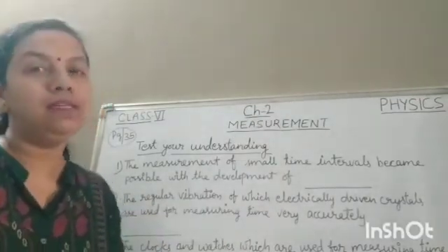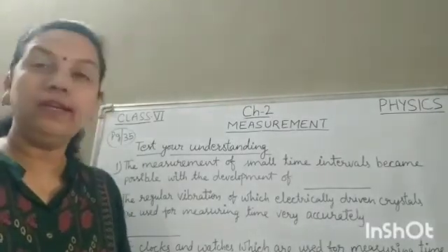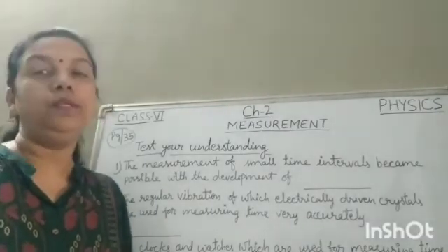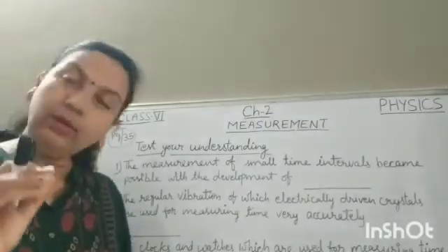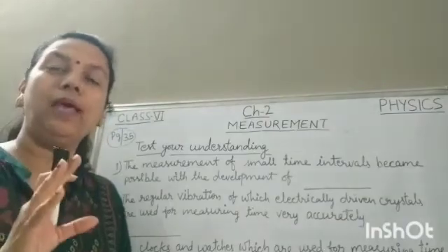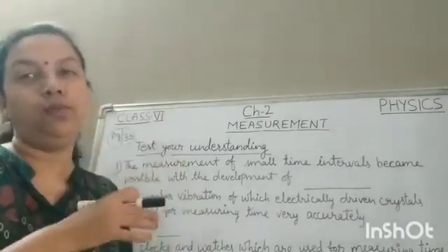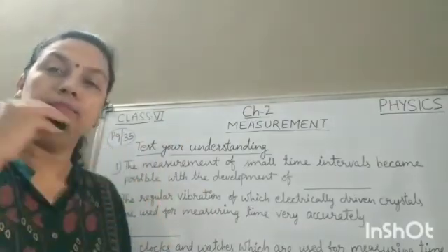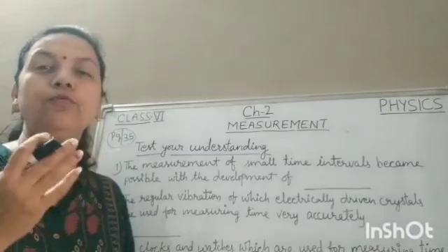So we have just read about the measuring devices. We have also read that the motion which repeats itself after regular intervals of time is known as periodic motion, and the principle of periodic motion is used for the measurement of time.